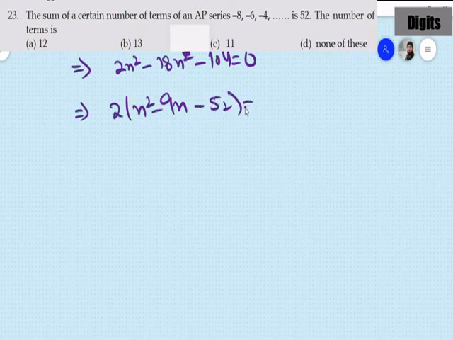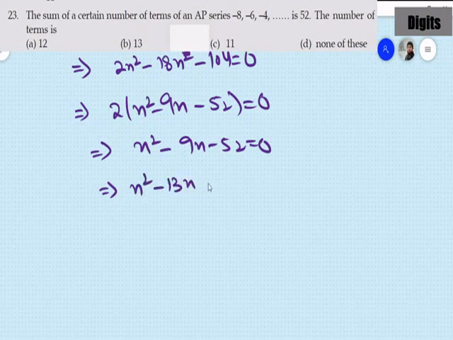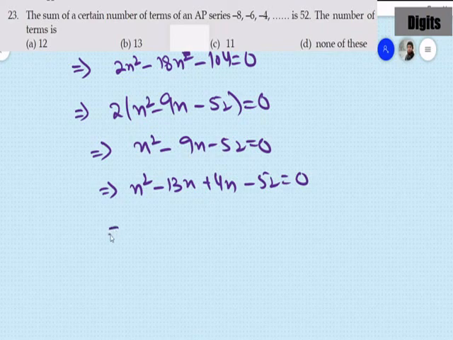Now it implies, since 2 is not equal to 0, n square minus 9n minus 52 equal to 0, which implies n square minus 13n plus 4n minus 52 equal to 0, because 13 into 4 is 52.